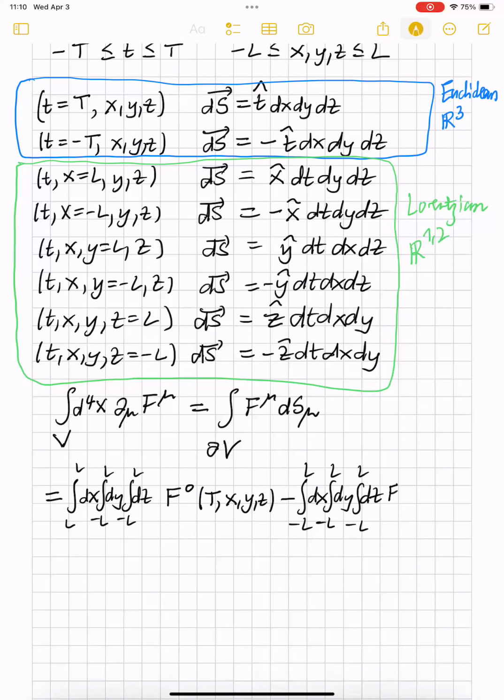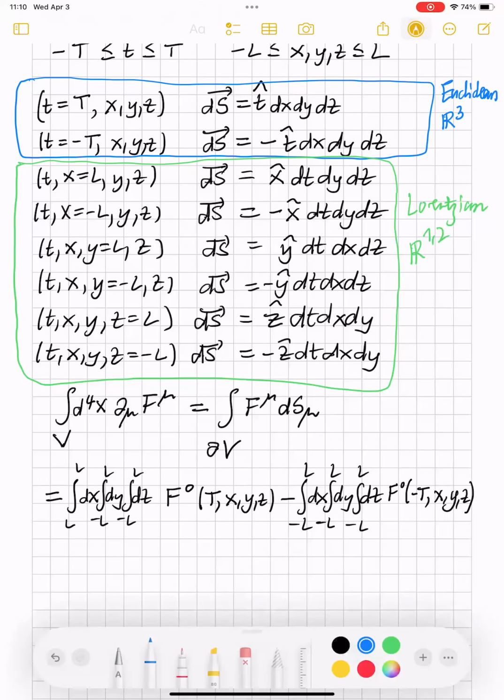So only f^0 plays a role. We now have to set time equal to minus T, and x, y, and z range over whatever they like. So there are the first two terms, and maybe let's just color code them. These correspond to the blue terms, and that's why we are indeed integrating over Euclidean space.